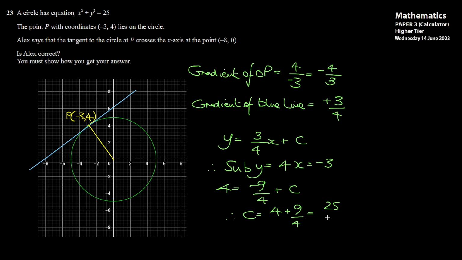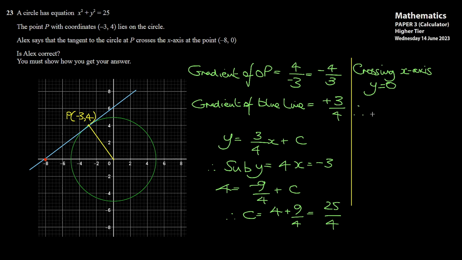Now, what's significant about this point here, which is the point that it crosses the x-axis? Well, what's significant about that point is that y is equal to 0. So if we put y equal to 0 into our equation for the blue line, we should solve and find the x value.